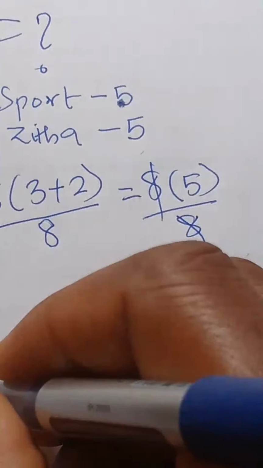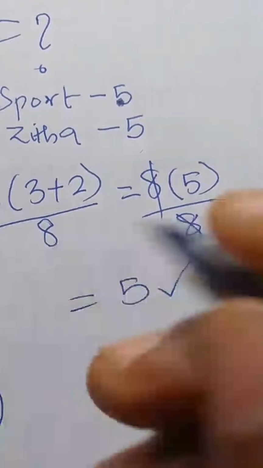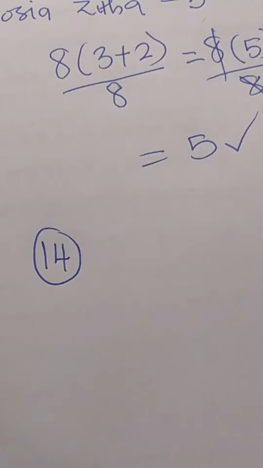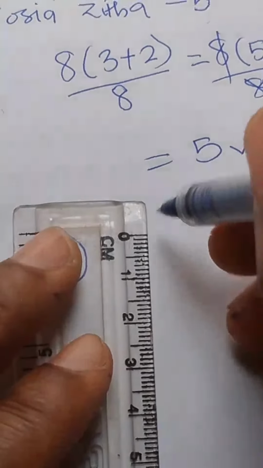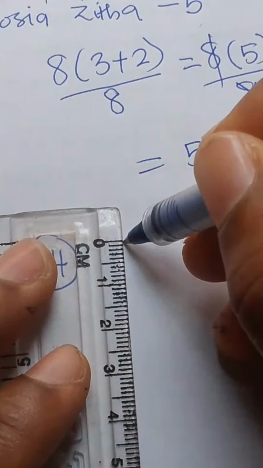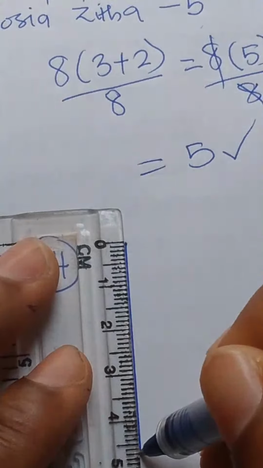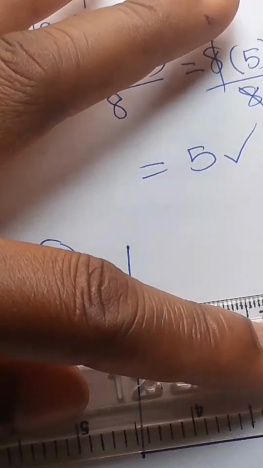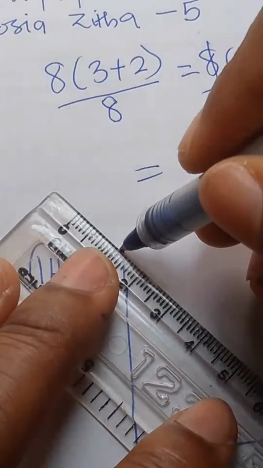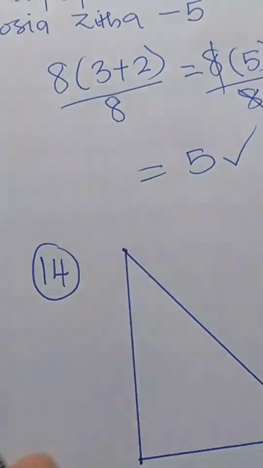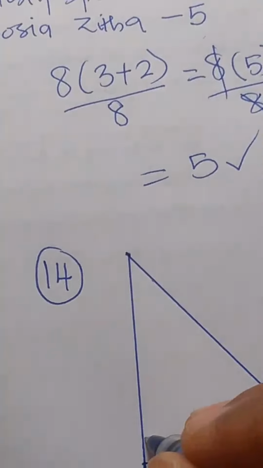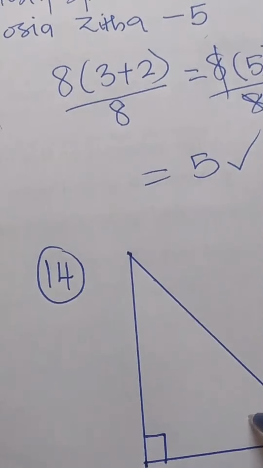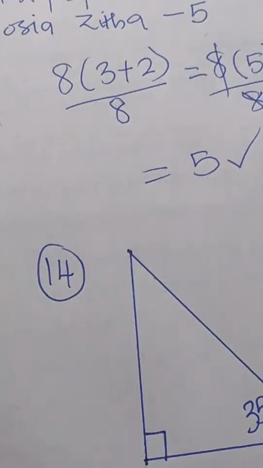All right, so number 14. On number 14, I'm going to do a drawing. All right, so this is not drawn to scale, but I'm going to give you signs so that you know what we are solving. And here is 35 degrees.